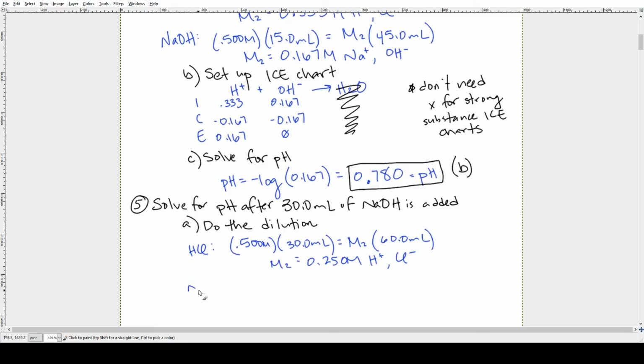Now I'll do the same for my sodium hydroxide. Also 0.500 molarity. And this one was also at 30. And oh, would you look at that? All the numbers are the same.